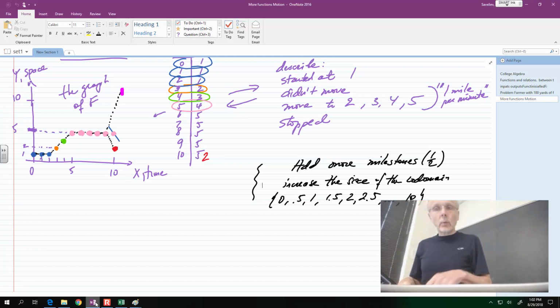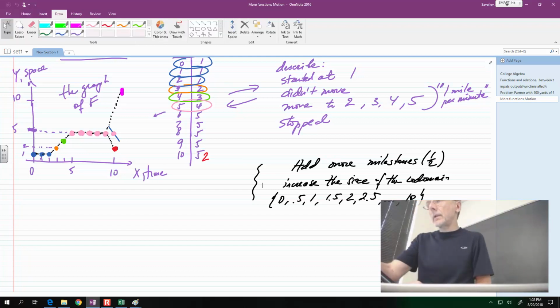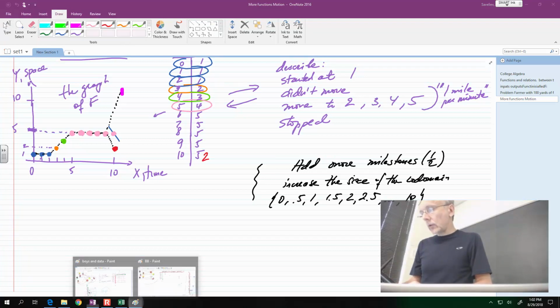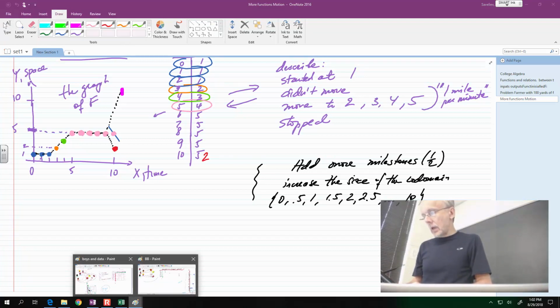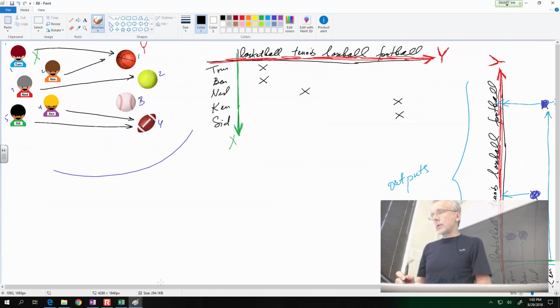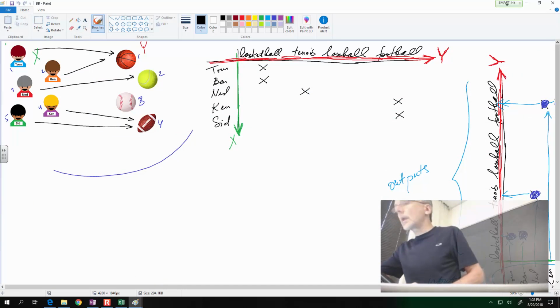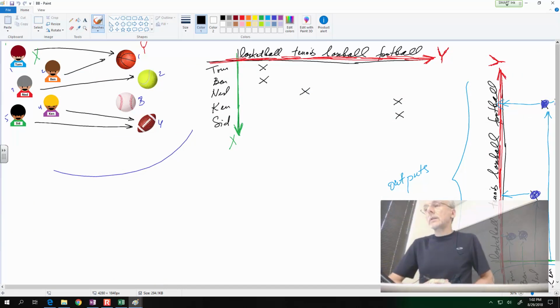We're going to talk more about numbers apart from functions, but to emphasize the difference, let me go back slightly to where we started, and the start was this, the set.